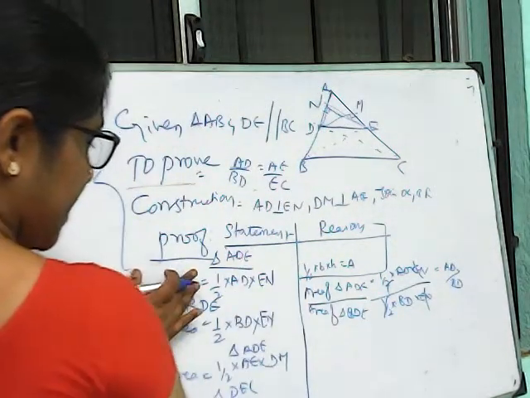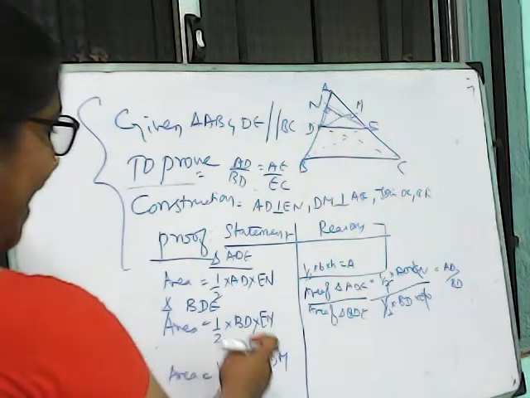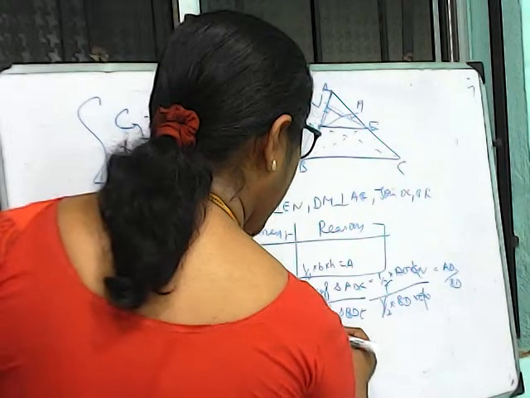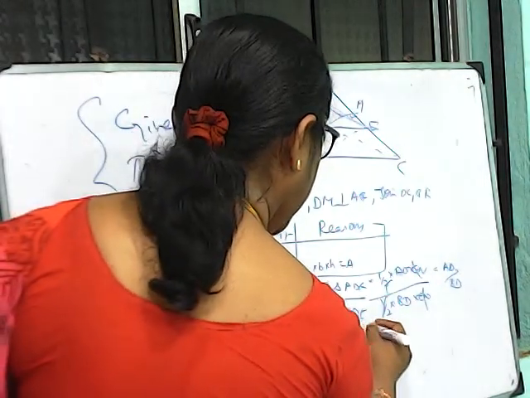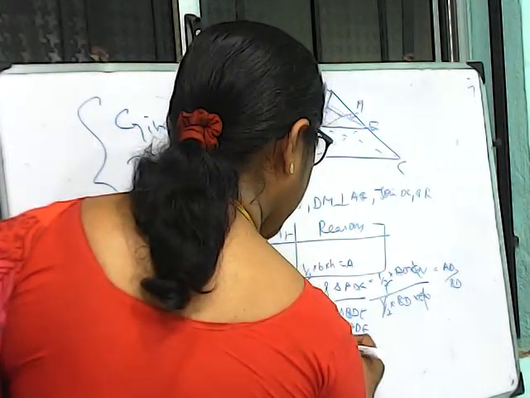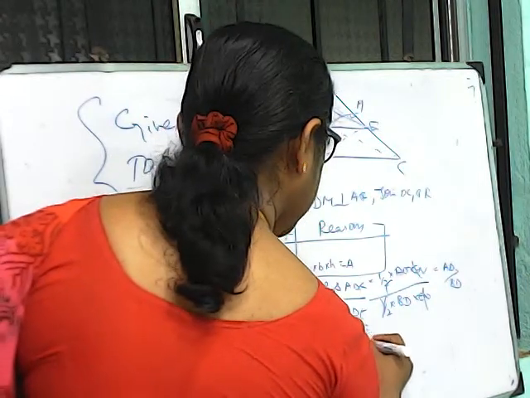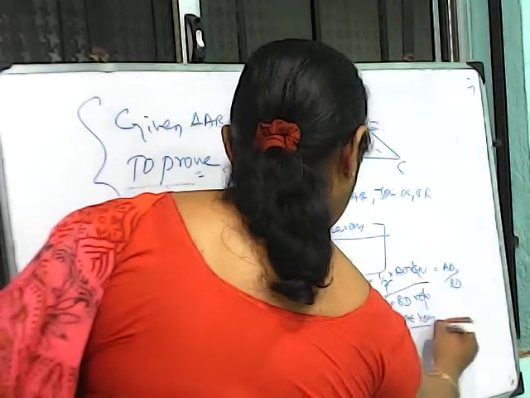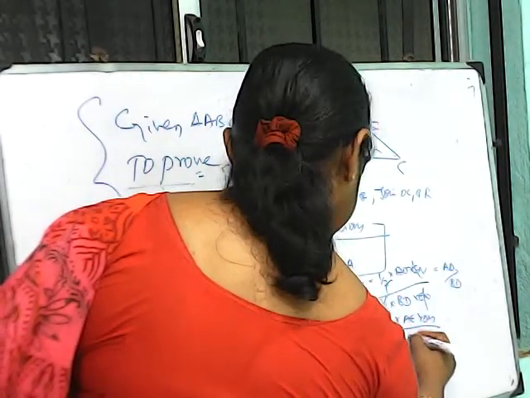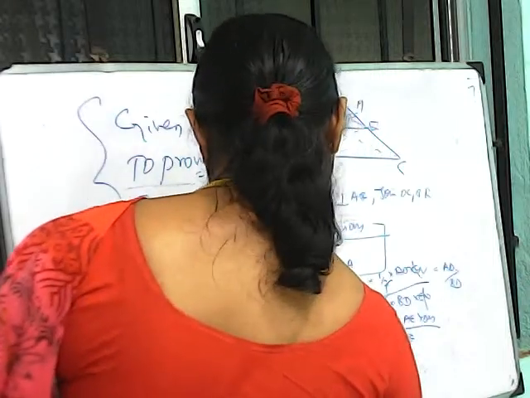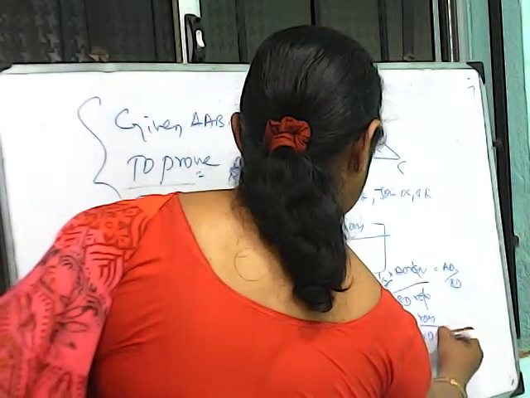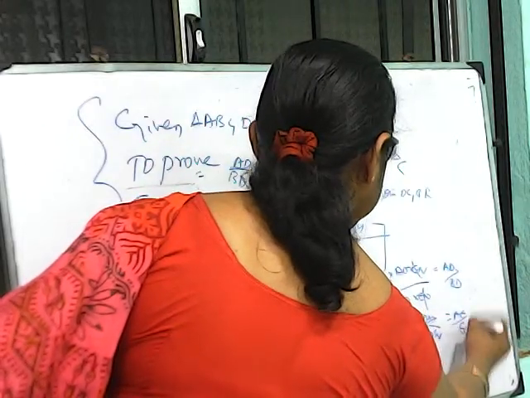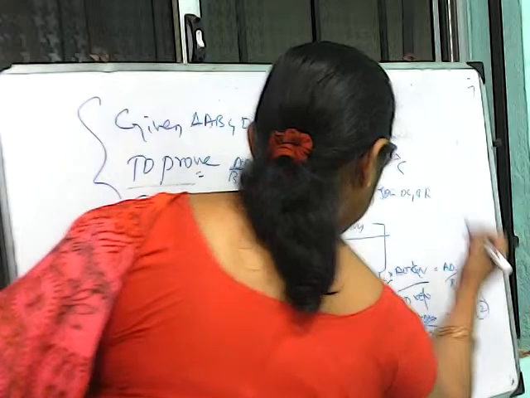Okay, next, these two are over. Now next, these two, ADE and DEC. Again, area of triangle ADE by area of triangle DEC. So half into AE into DM divided by half into EC into DM. So DM half will get cancelled. I'll have AE by EC. This is equation 1 and this is equation 2.